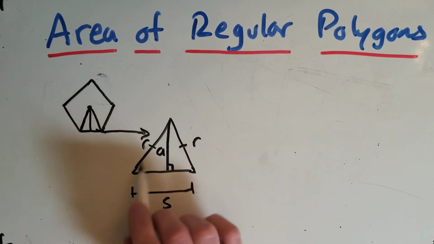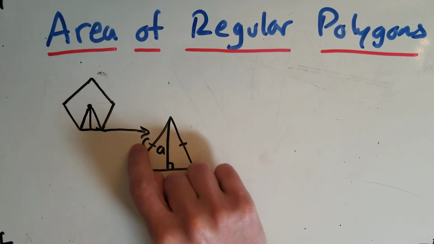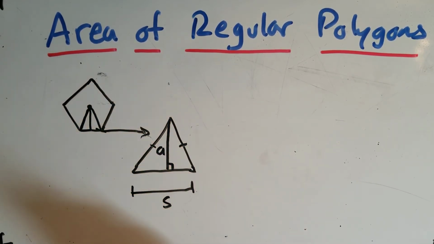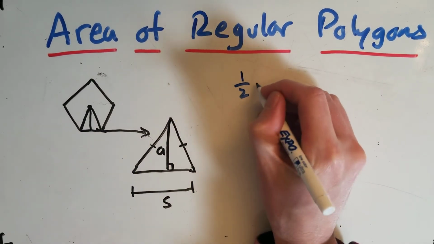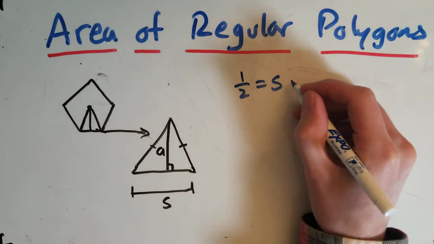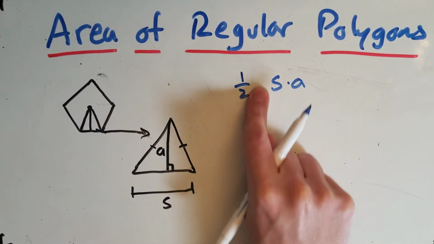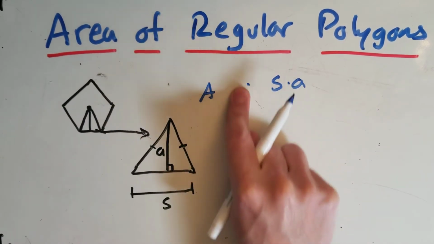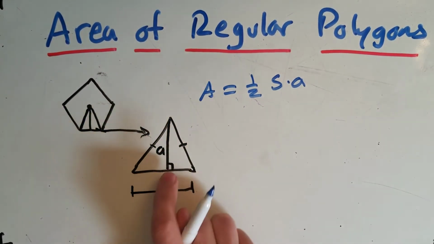So if we want to find the area of just this triangle, it's nice to know that these are the radius, but they're not going to help us find the area because we can simply use area equals 1/2 base times height. Your base is the side length, your height is the apothem. And that would give you the area of this triangle.